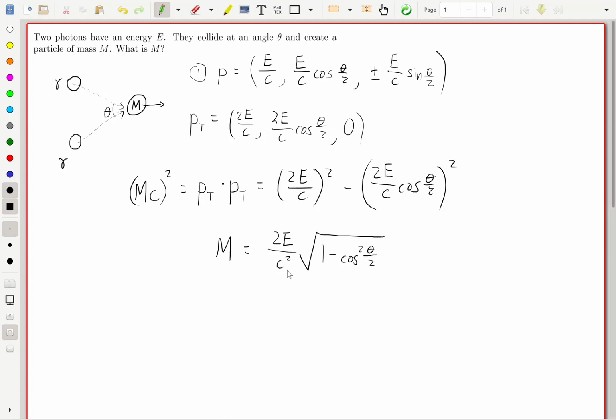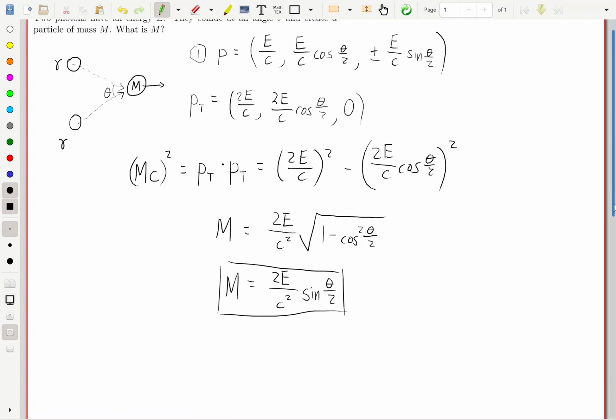But we can use Pythagoras' theorem to simplify this to be sine squared of theta over 2, or 2E over c squared sine of theta over 2. And that's our expression for the mass.